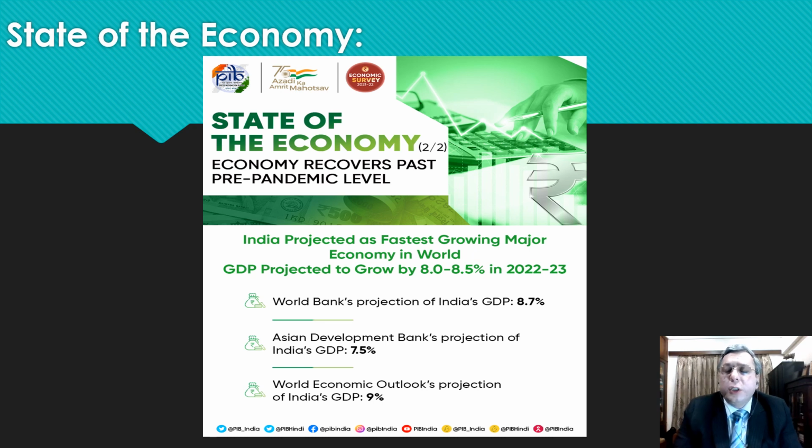The ADB, Asian Development Bank, is projecting 7.5%, and the IMF, in its World Economic Outlook released in end January, is projecting a 9%. So the economic survey is a little conservative, plus it's giving a range between 8 and 8.5% as the growth imperative for next year.